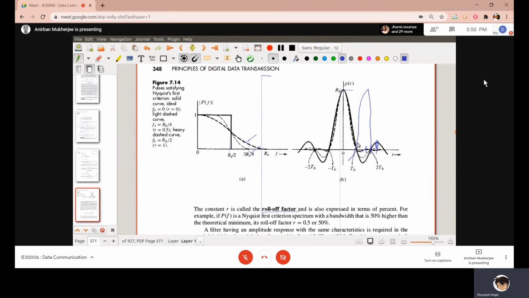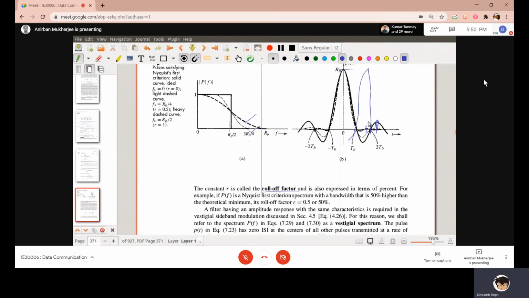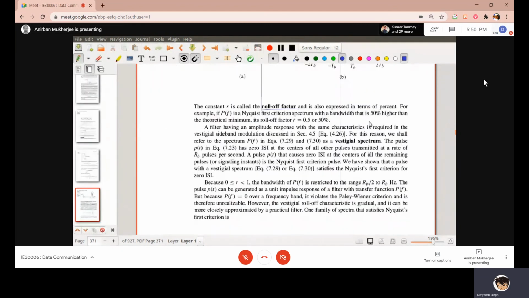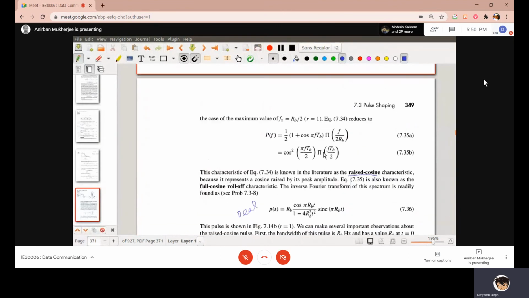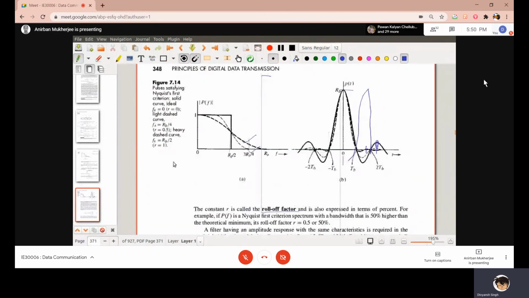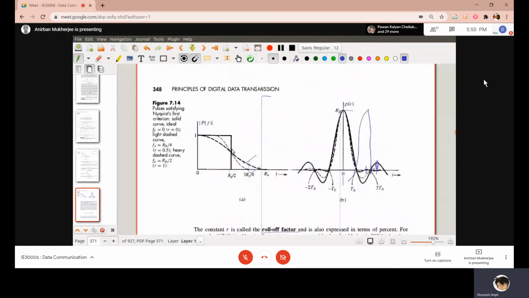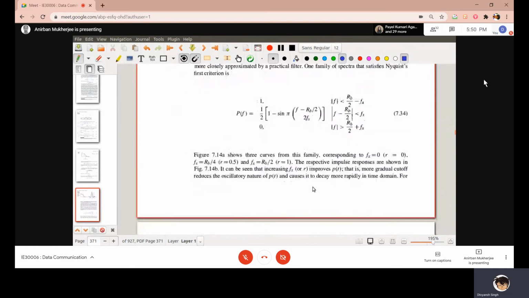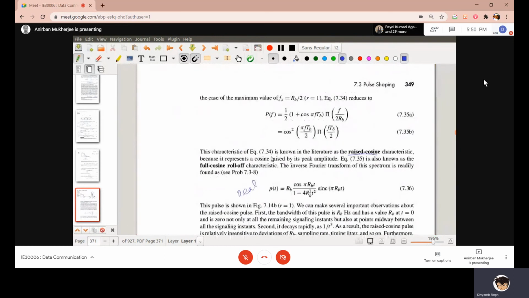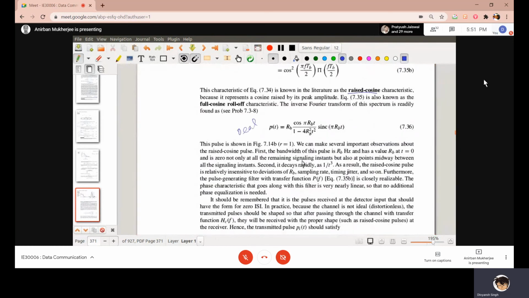Now sharp decay is essential, and we have seen that these are raised cosine characteristics. If you see this P(f), it is a rectangular one with some cos square effect.